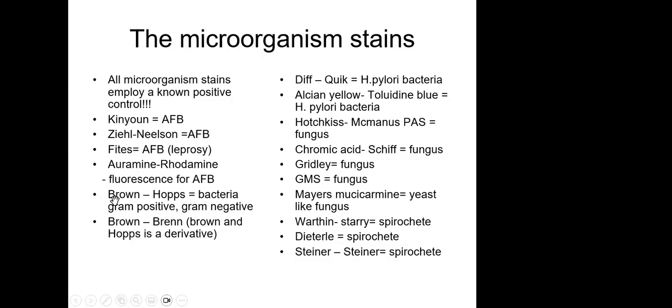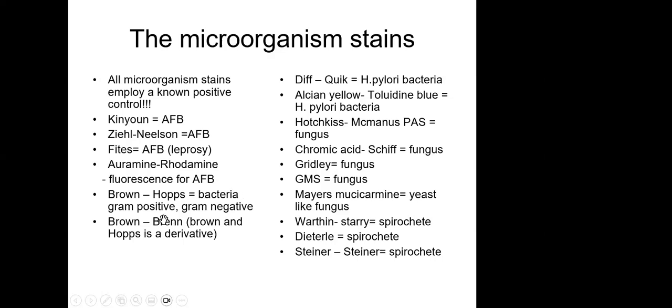Then you have your Brown and Hopps, your Brown and Brenn. The Brown and Brenn came first. A guy named Brown and a guy named Brenn got together and they built this stain. But then Brown got together with a guy named Hopps and they built this stain.